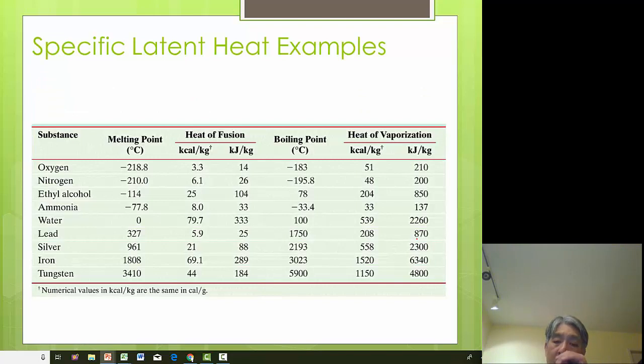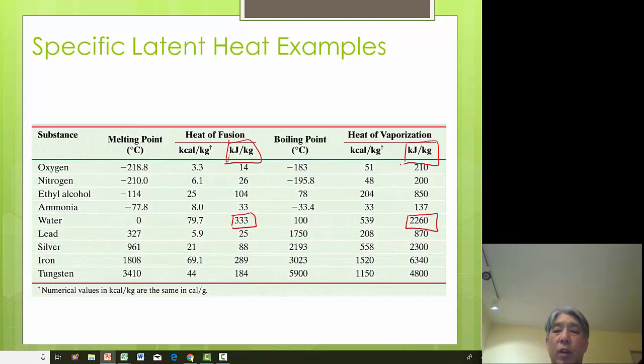Okay, so here are some examples. Again, here's water, the heat of fusion and the heat of vaporization. We want the kilojoules. Again, they're in kilojoules per kilogram. And so that's the heat of fusion, specific latent heat of fusion.